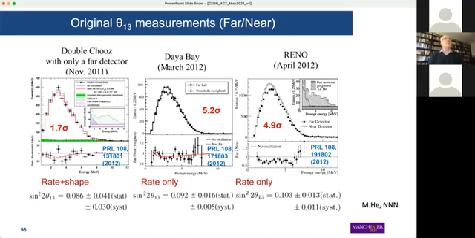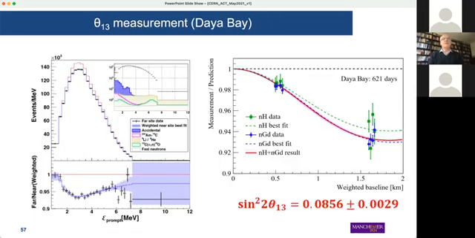So this was good news and an exciting measurement. And you see that now these experiments have progressed. This is a relatively recent measurement from I think Neutrino 2020. And on the right side, you see exactly what we talked about before.